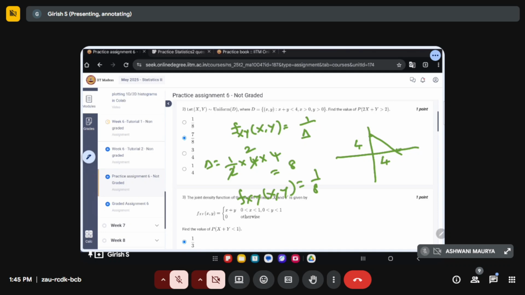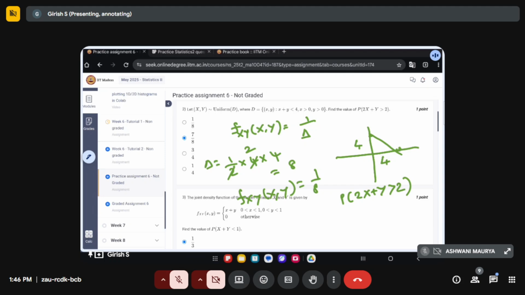And they are asking, find the value of P of 2x plus y greater than 2. Okay. So how do you solve this? What is the probability of this? If you try to plot this graph, 2x plus y greater than 2.